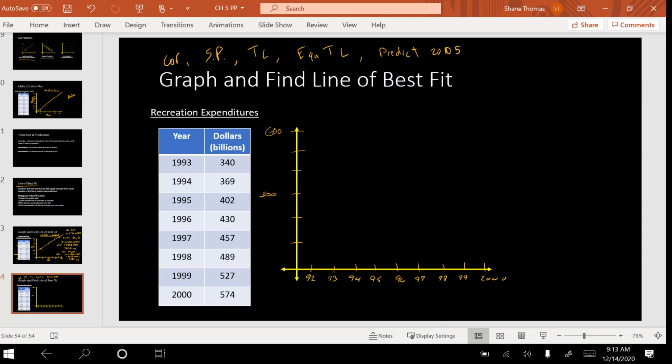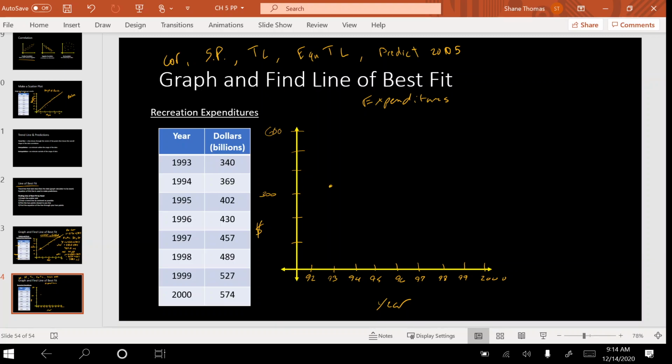All right. So then I need my graph title. So I'm going to call this expenditures. This is the year, and this is the dollars. In 93, I'm at 340.